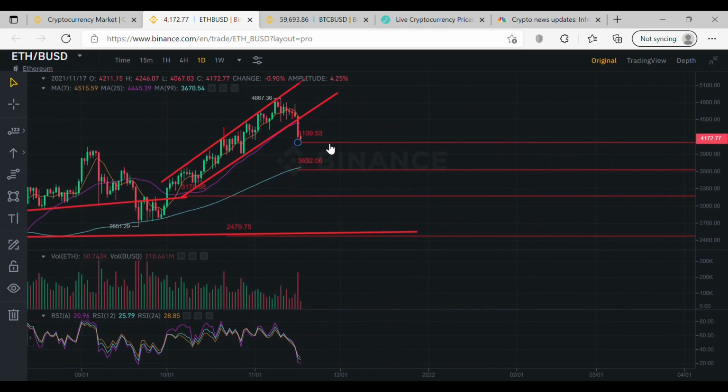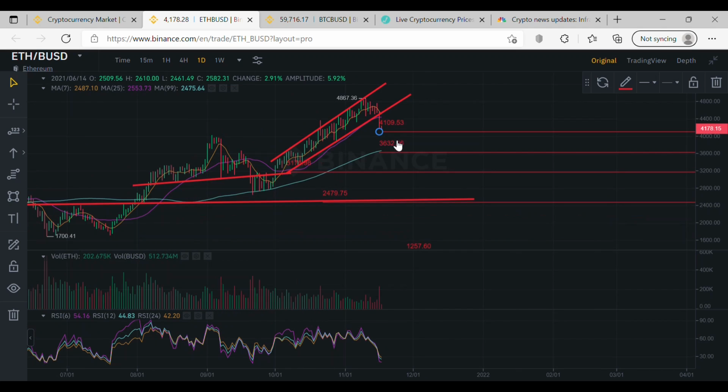First we will have our support level at 4,100, and then we will have our second support at 3,600, and then we will have our final support at 3,170. So these three would be the support levels for this ascending price channel.